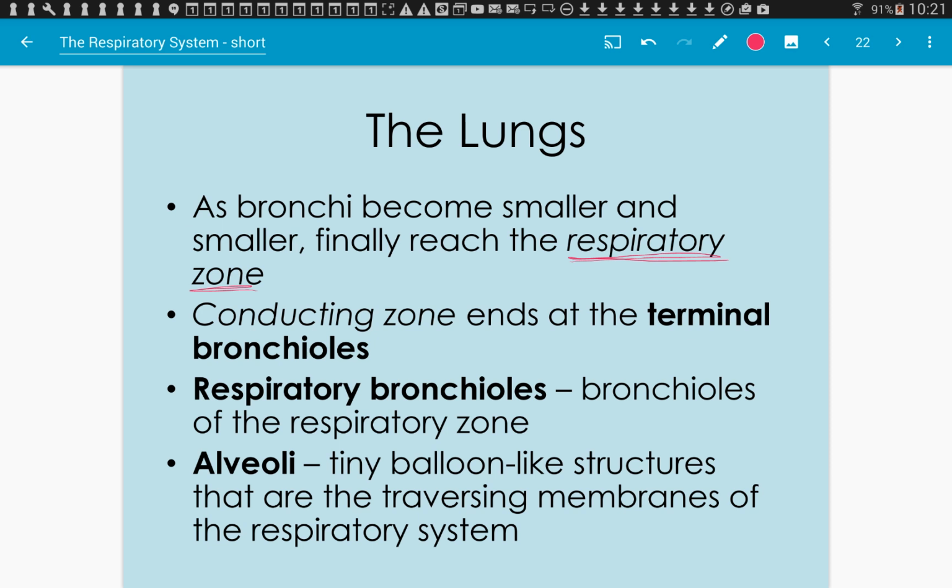And then the respiratory bronchioles lead to your alveoli. So these 2 sections are part of your respiratory zone. Just those 2. Okay, everything above it is your conducting zone.